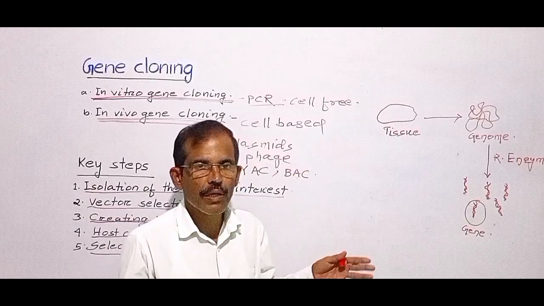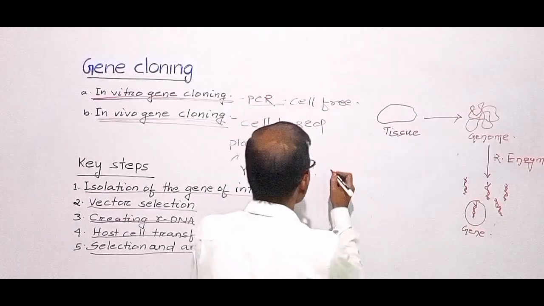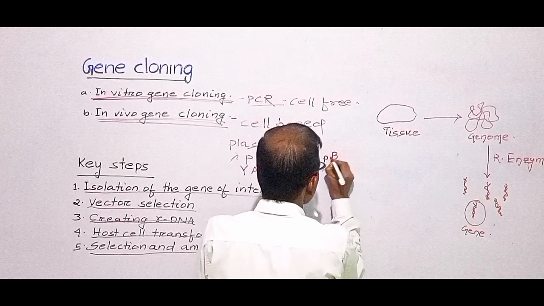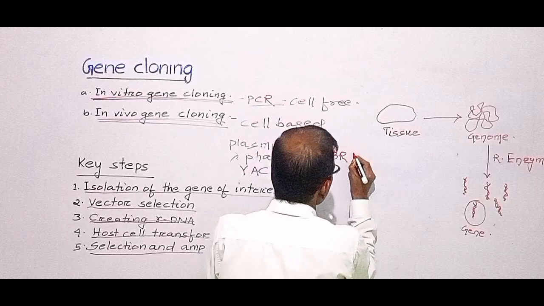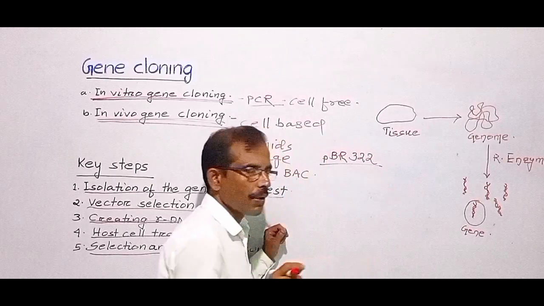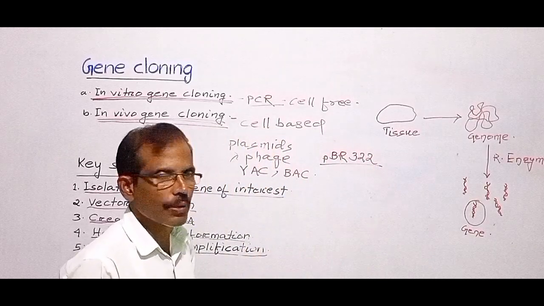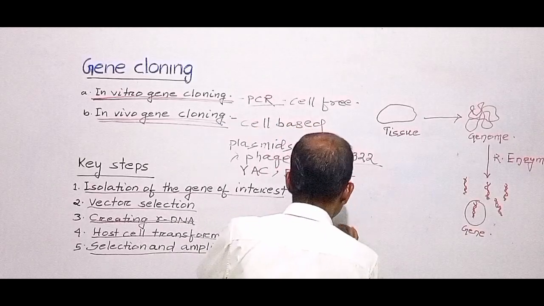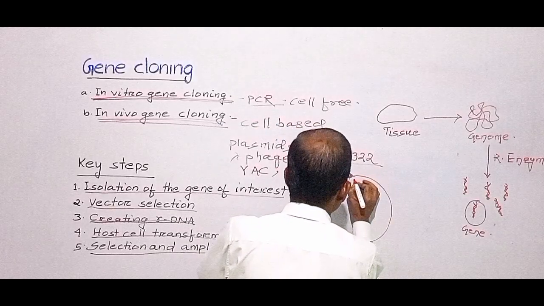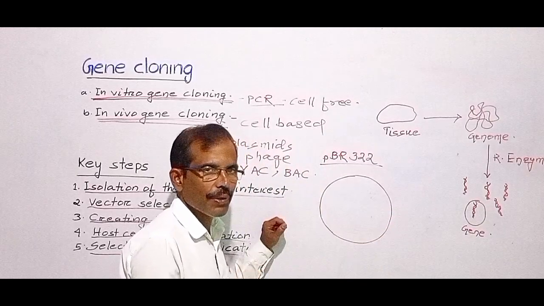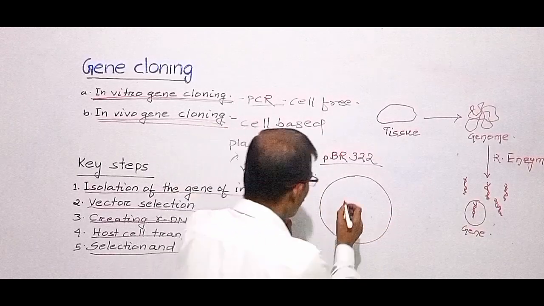One of the widely used cloning vectors is a plasmid known as pBR322. It is a circular double-stranded DNA molecule. It contains two antibiotic-resistance genes that are used as markers for the selection of transformed cells.